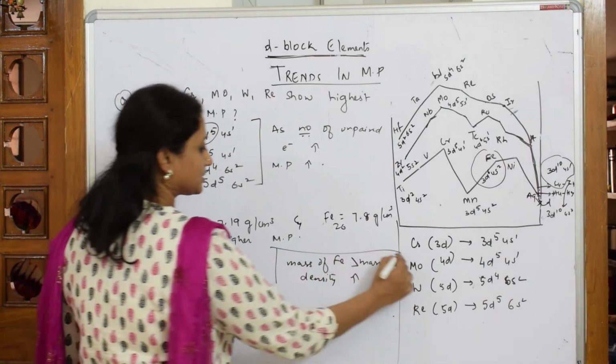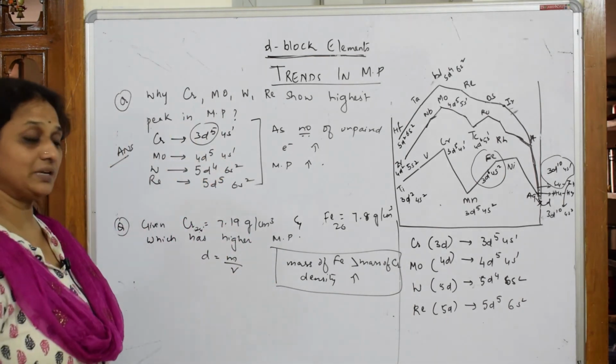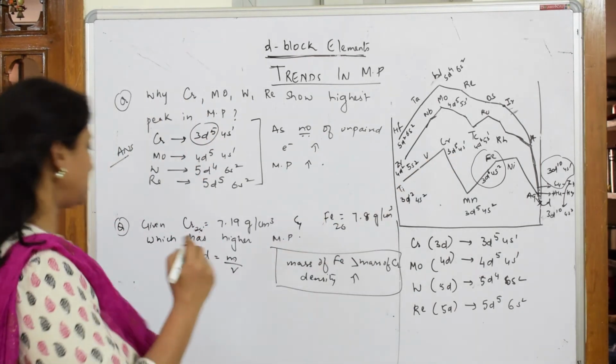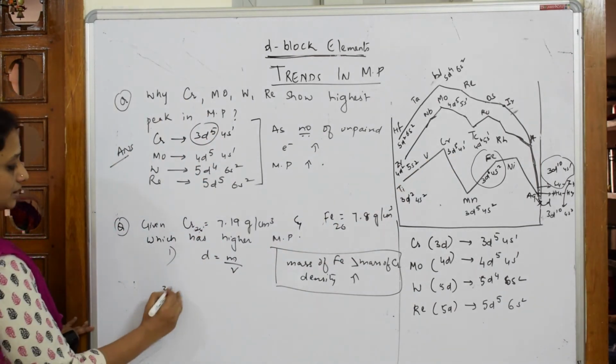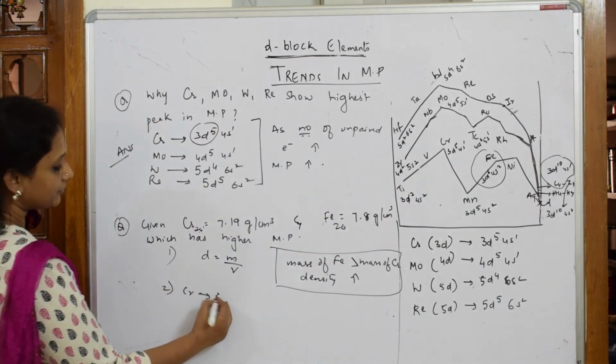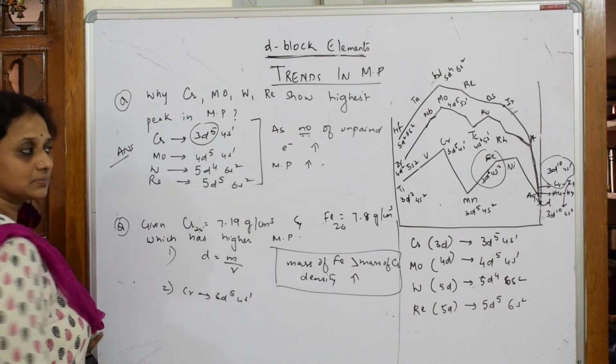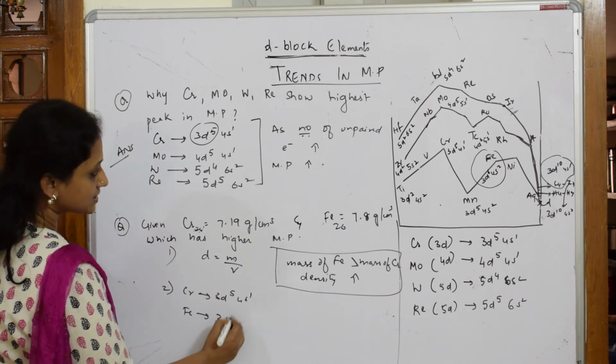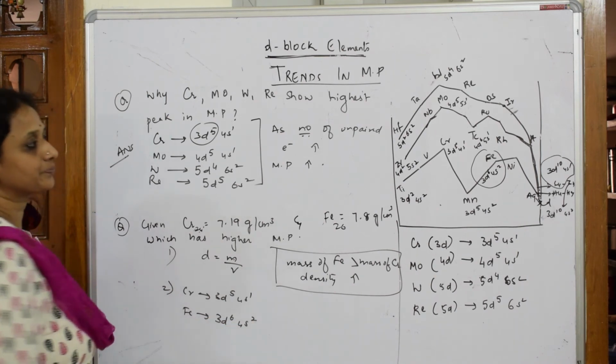This is one concept. The next concept, I'm going to speak in terms of configurations also. In chromium, it is 3d5 4s1. When I speak about iron, you have 3d6 4s2.